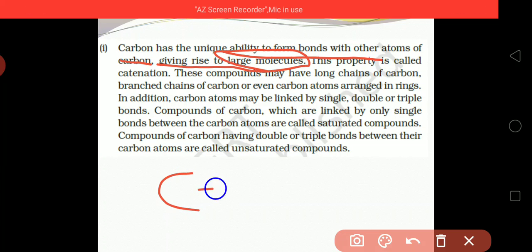So carbon will form a bond with another carbon, and large molecules will be formed.